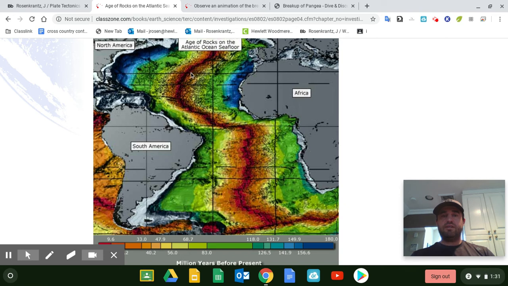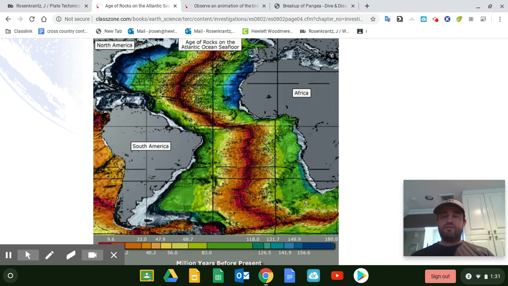This is the Mid-Atlantic Ridge. These are your volcanic mountains in the middle of the Atlantic. The theory is that they're continuously erupting and spreading the continents apart. So the continents were once touching here, and over time, with the volcanoes erupting, it's pushing the seafloor sideways, making the oceans spread.